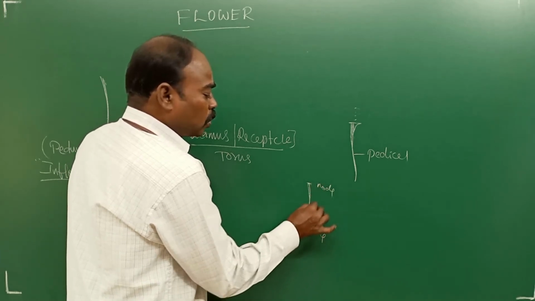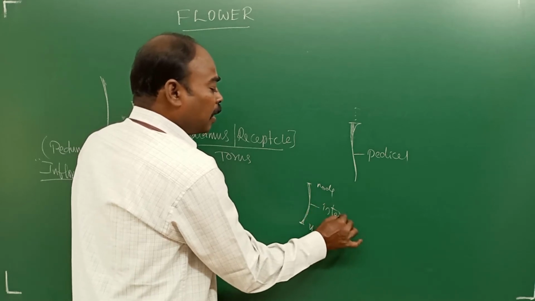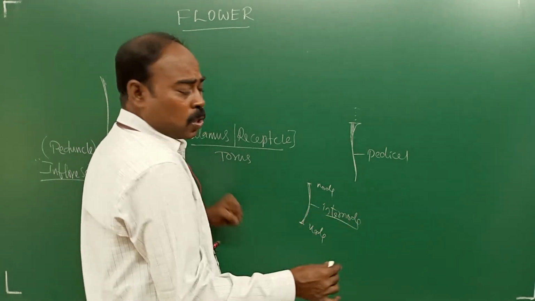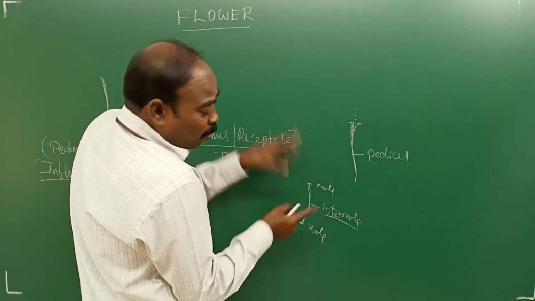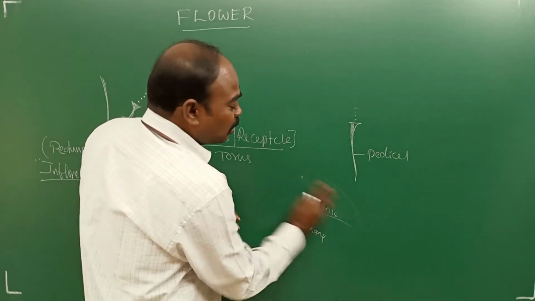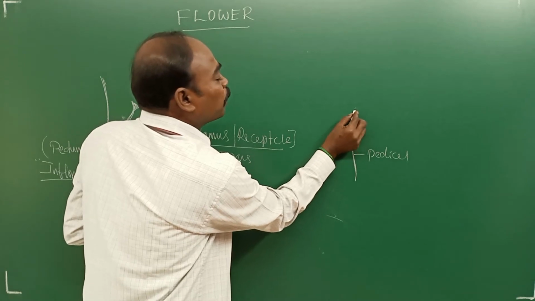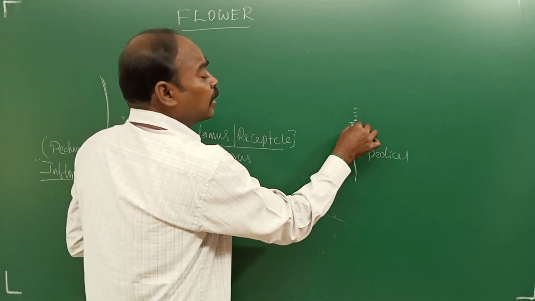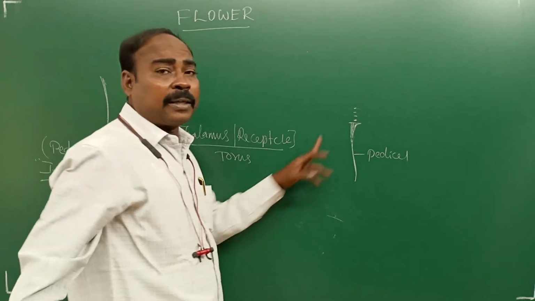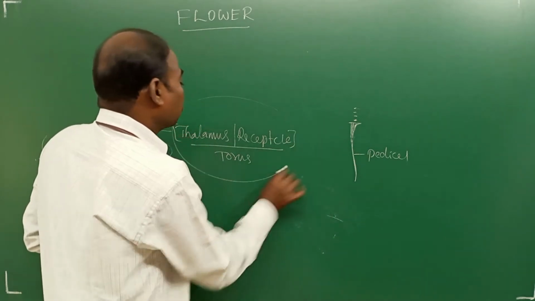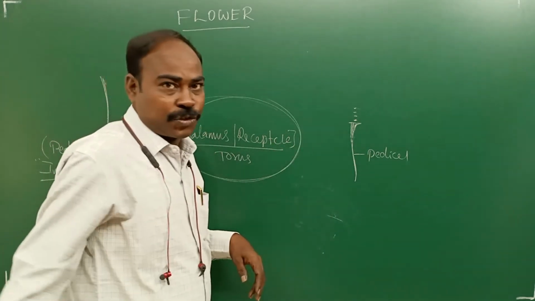In between 2 nodes, the area is called what? Internode, right? So this internode length was shortened. That means with the short internodes, four nodes are developed on the tip of the pedicel. That is called thalamus or torus.